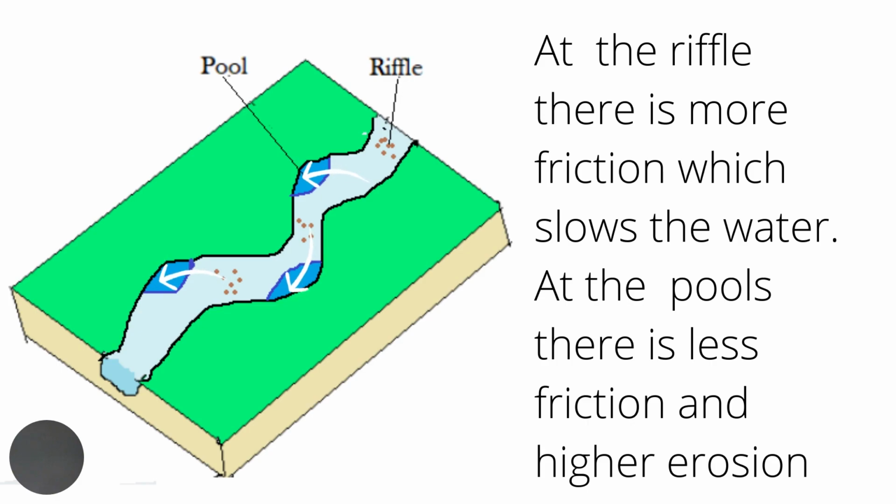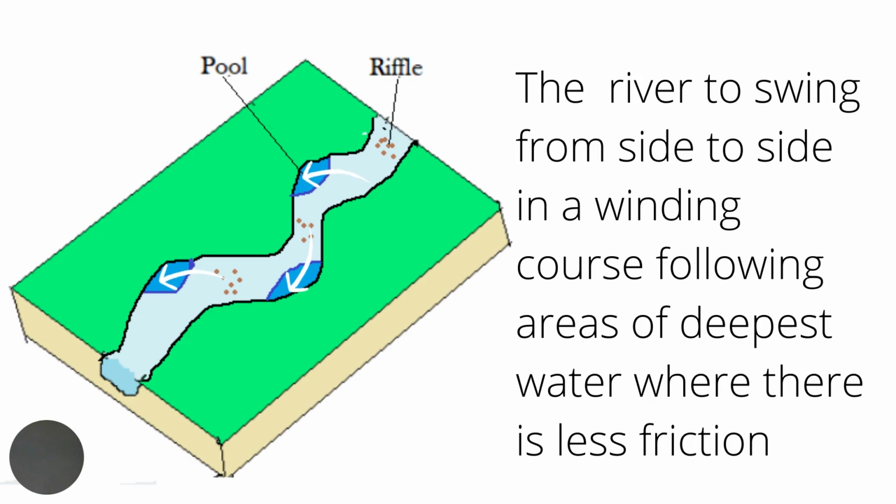At the riffle, there is more friction as the water is shallow there, and so the river will flow more slowly there. At the pools where the water is deeper, there will be less friction, and so the river will flow faster there, and there will also be more erosion occurring there. So the river will swing from side to side, following the areas of deepest water, which we know now those areas are the pools.